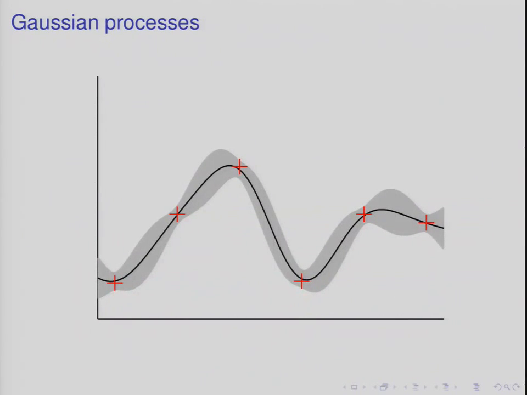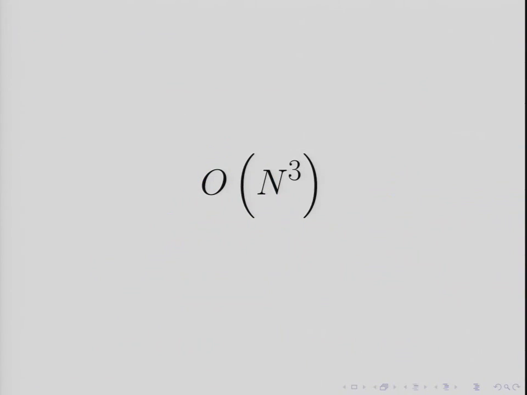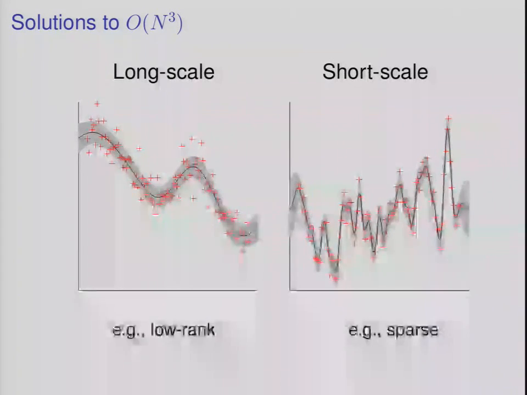In order to model the functions, we use Gaussian processes, which make it possible to set distributions over the functions. They are characterized by a mean function and a covariance function, and you can draw samples from them also. The problem with Gaussian processes is that the computations scale cubically with respect to the number of data points, and there are roughly two different approaches.